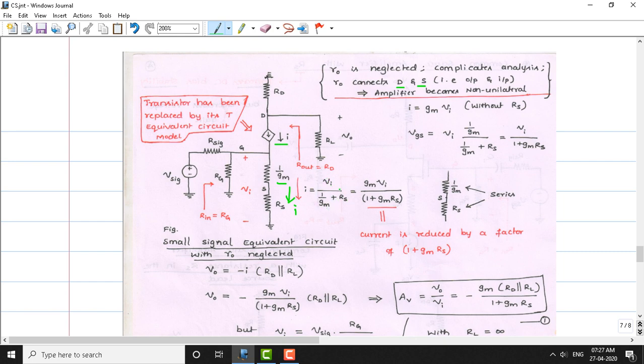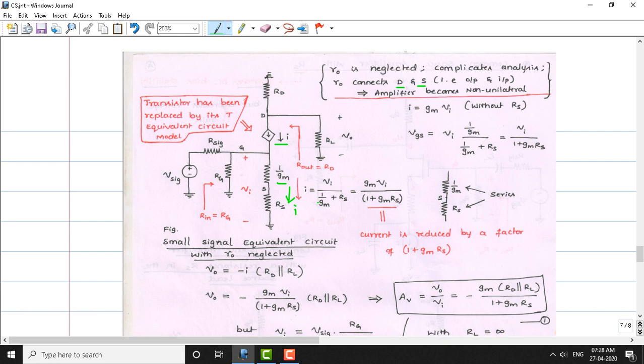On simplification, Gm goes to the numerator. Therefore, I equals Gm times Vi divided by 1 plus Gm into Rs. Here itself we can observe the drawback of the common source amplifier with the inclusion of Rs. If you observe the current expression, we have a denominator factor 1 plus Gm into Rs.